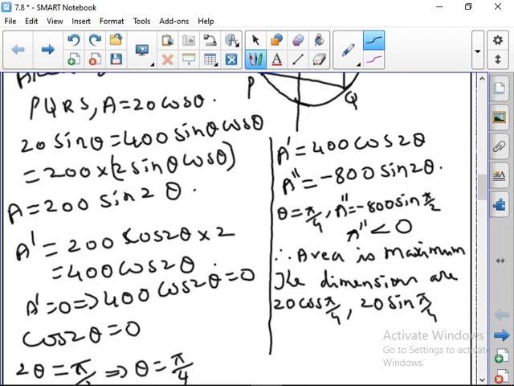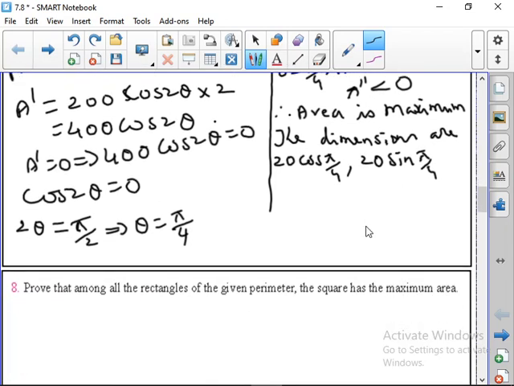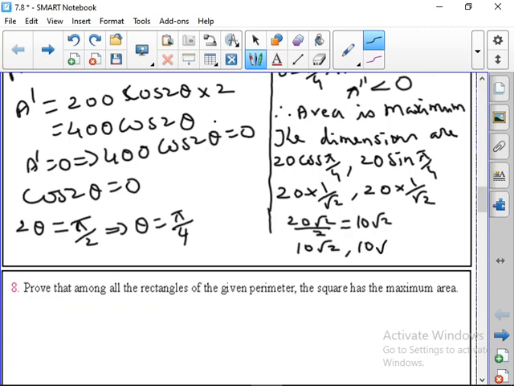Cos pi by 4 is 1 by root 2, sin pi by 4 is also 1 by root 2. Rationalizing, 20 root 2 by 2 is equal to 10 root 2. So the dimensions are 10 root 2 comma 10 root 2. Is it clear to all of you?